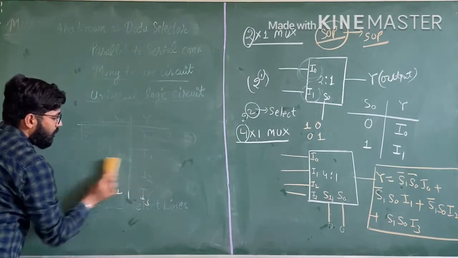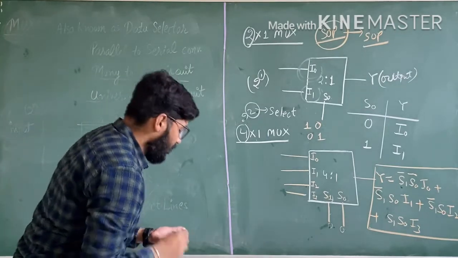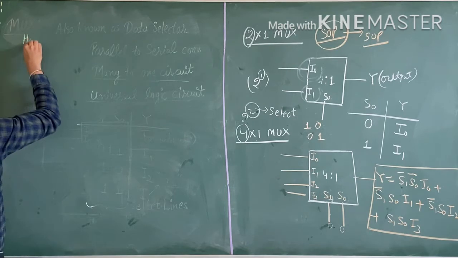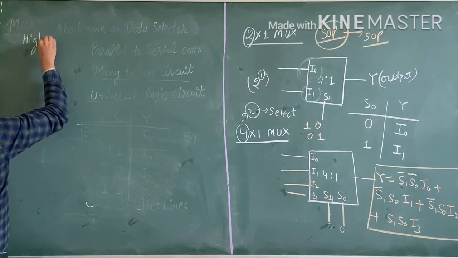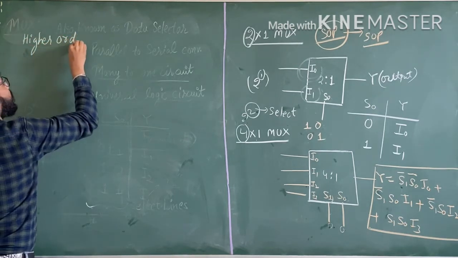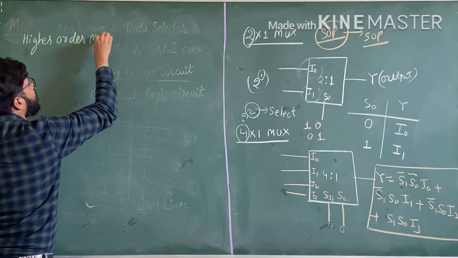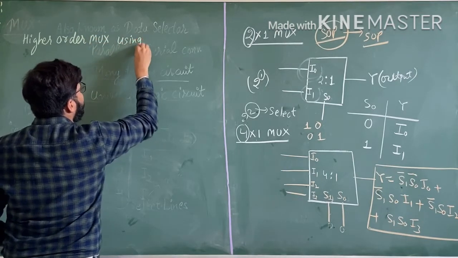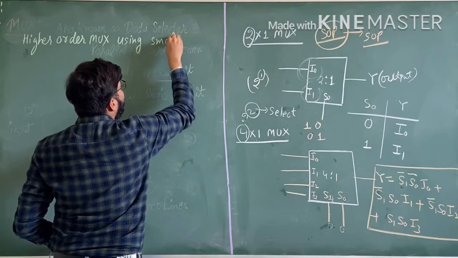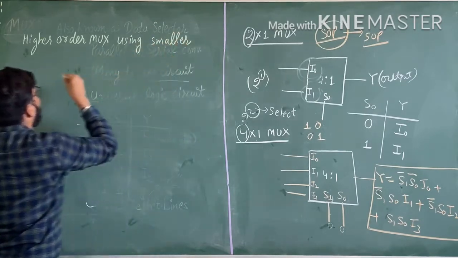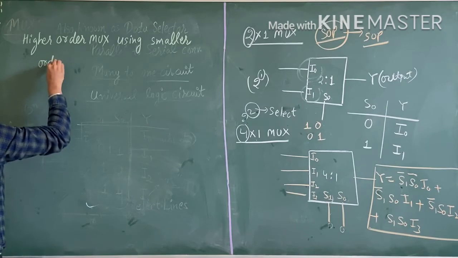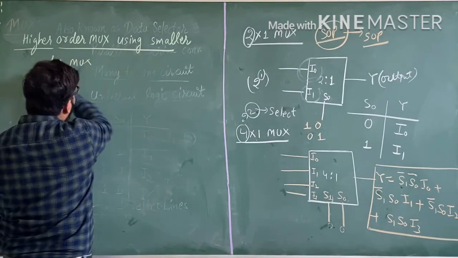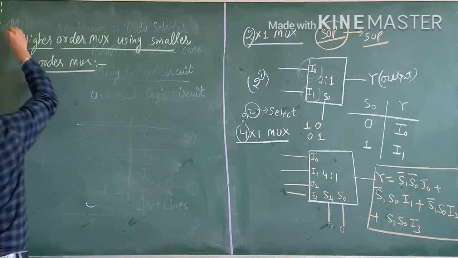Okay, so I'll discuss it here. Put a heading: higher order mux using smaller order mux. Okay, so this is the question asked in the GATE.